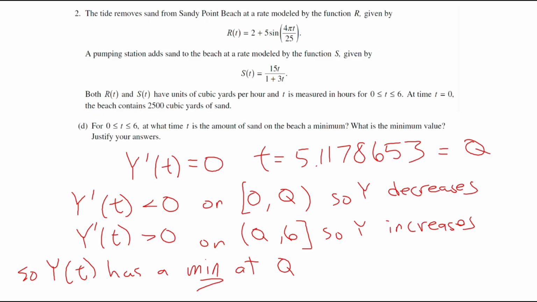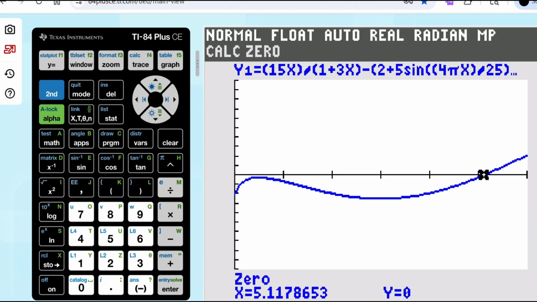If y decreases, then increases, we're at a minimum at q. And so we just want to find y of q, right? Because we know that the endpoints can be eliminated as options because they're both larger than where we were at that minimum. So the min is y of q, and we'll find y of q back on our graphing calculator.